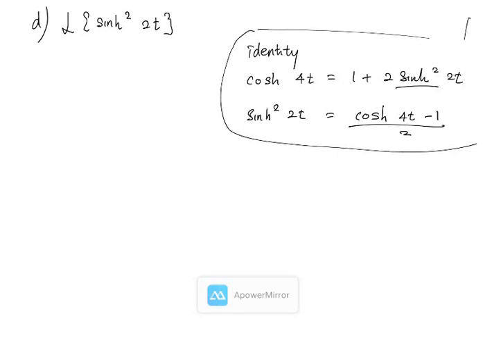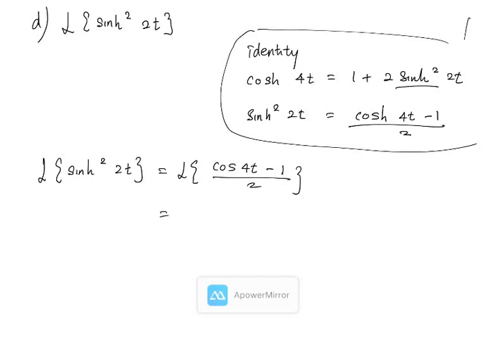Okay, this is the identity. So therefore, the Laplace transform of sinh squared 2t is the Laplace transform of (cos 4t minus 1) divided by 2. The 1 over 2 here is a constant, so you can take it out. Laplace transform of cos 4t minus Laplace transform of 1.